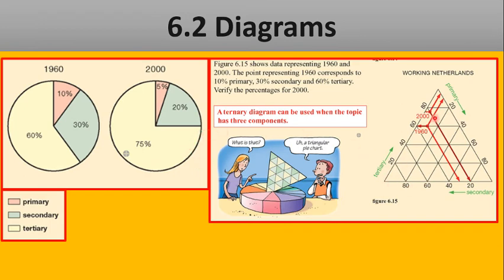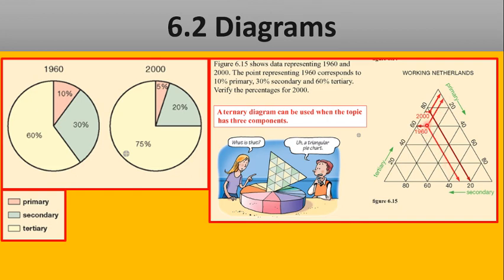Only with, in this case, ternary diagrams, you know that there are always three components that together should add up to this so-called 100%. And I think there are two kinds of exercises that you should do with this one. One is knowing how to read values.